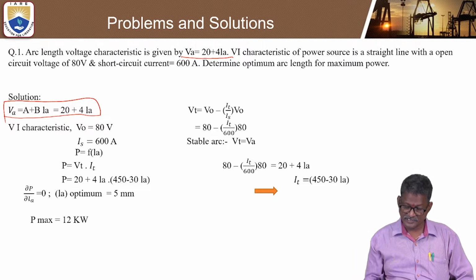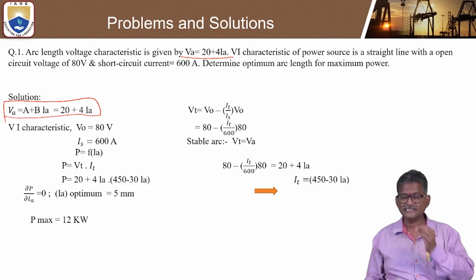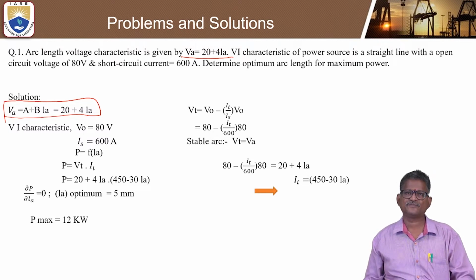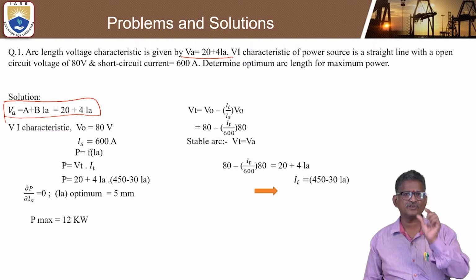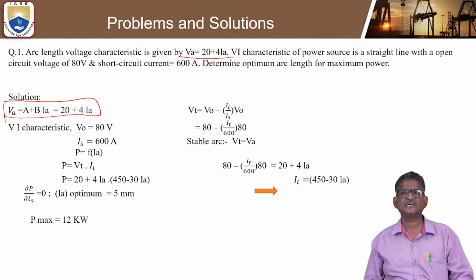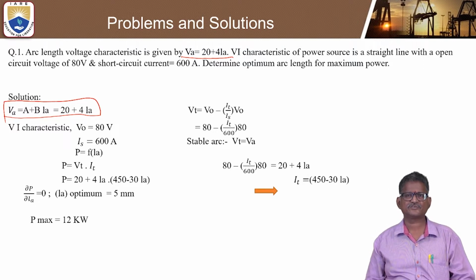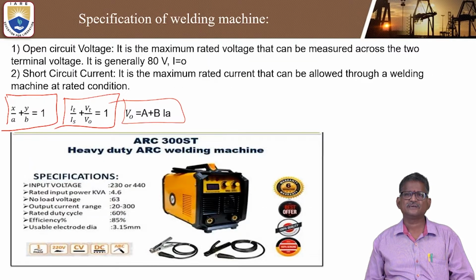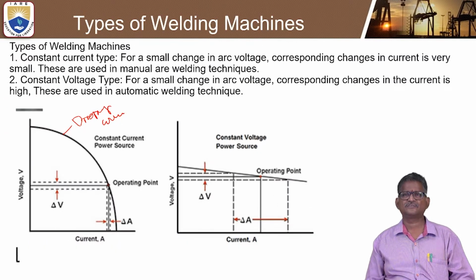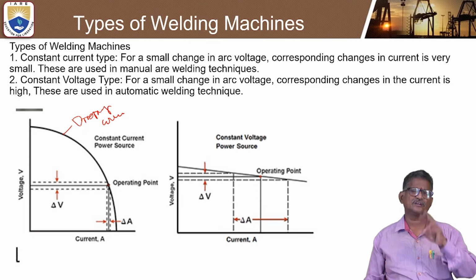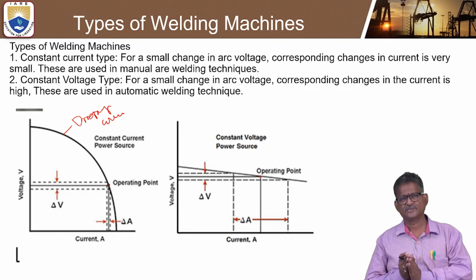Before discussing the solution, let us see the concept of arc length voltage characteristics and, at the same time, the VA characteristics of the power source. In general there are two types of welding machines, yes or no?